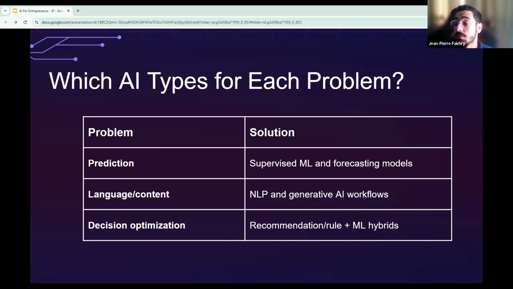Lastly, if your problem is about scheduling, routing, or matching, assigning drivers to deliveries, for example, matching tutors to students, optimizing a pricing rule, you often need a hybrid of rules, an optimization algorithm, and, for example, ML, or machine learning.